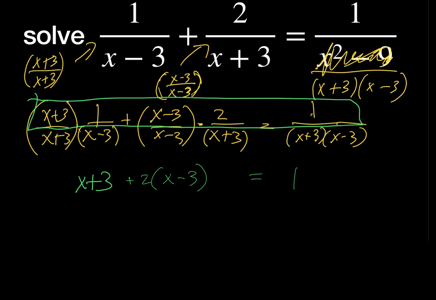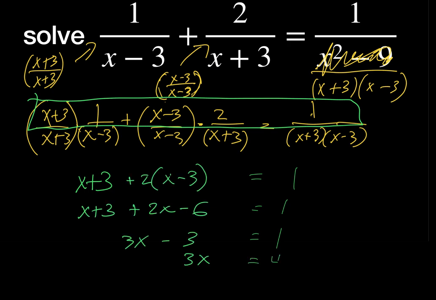And now I'm down to algebra. Just did simplifying there. Add 3. 3x equals 4. X equals 4 thirds. Big concepts there.